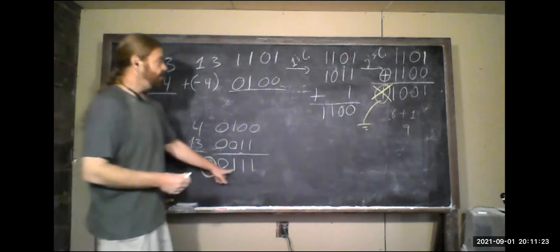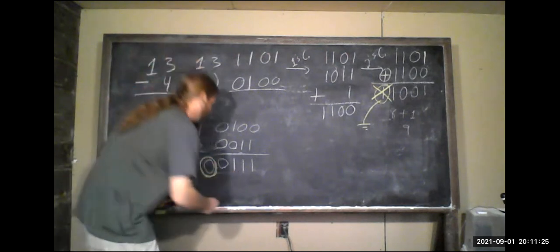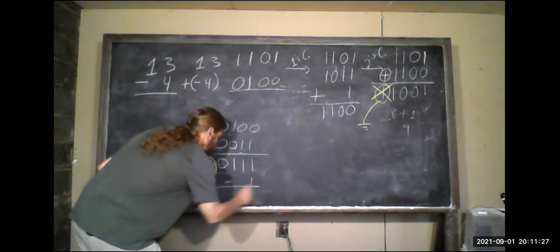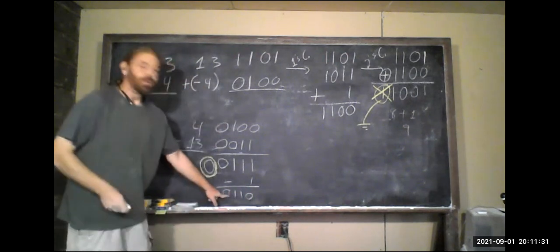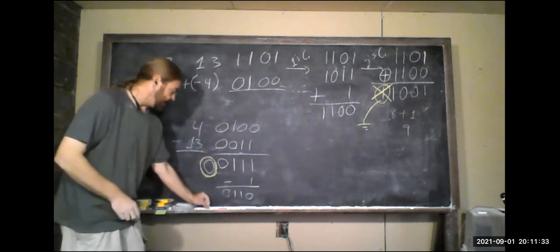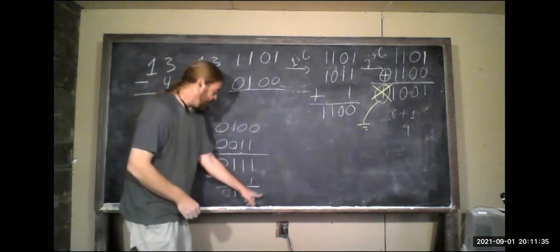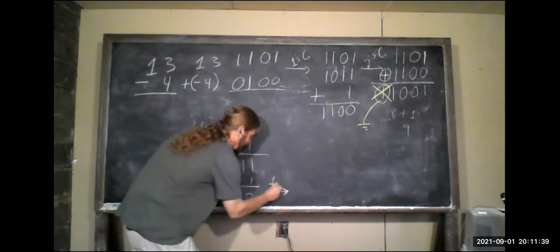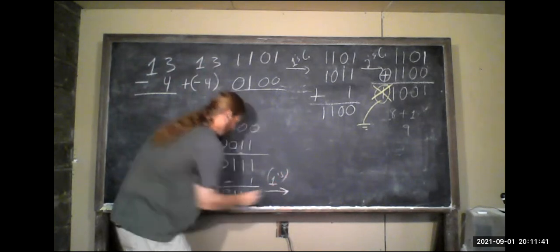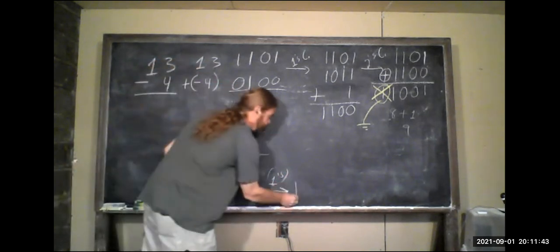So it should be a 2's complement number. So we'll subtract 1. You get 0, 1, 1, 0, which is the ones complement. And then when we undo the ones complement, we get 1, 0, 0, 1.